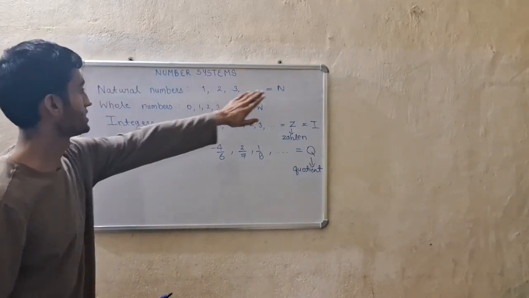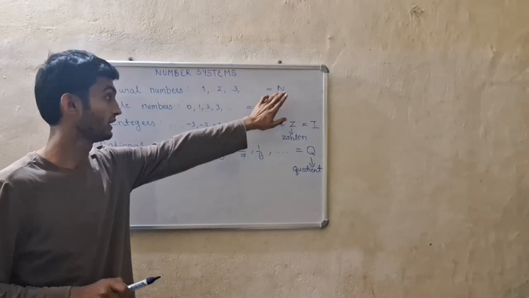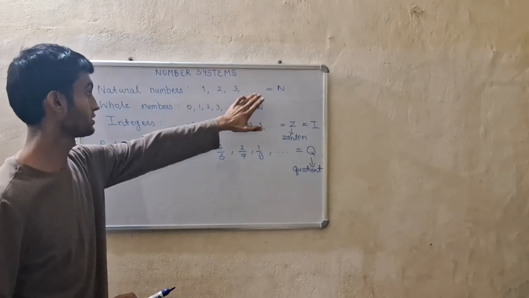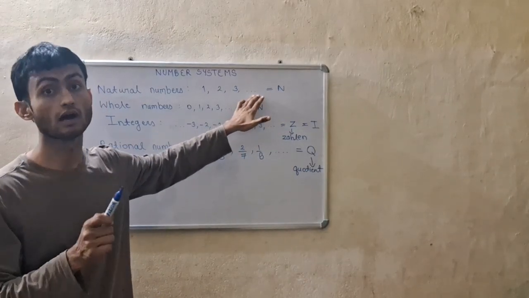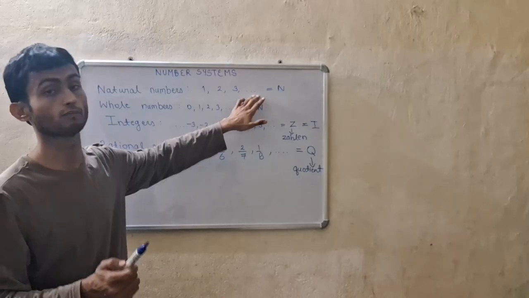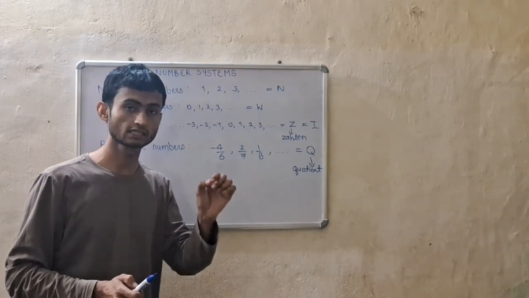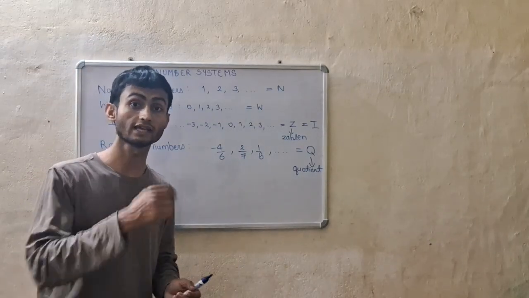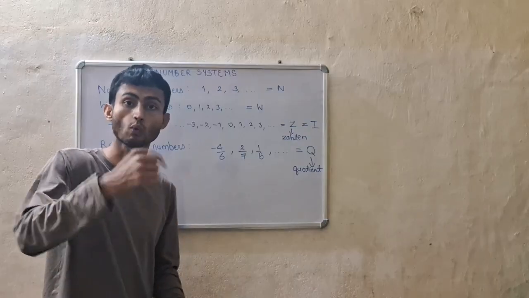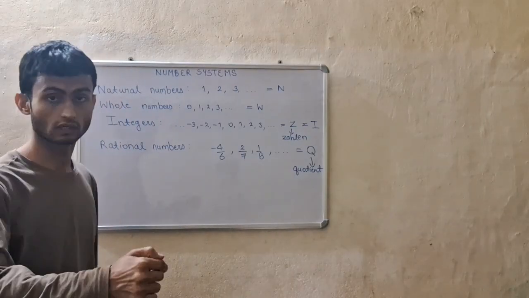So this N denotes the collection of natural numbers. You cannot get the last natural number. If anyone says that this number is the last natural number, you can get the next one just by adding 1 to the current number.